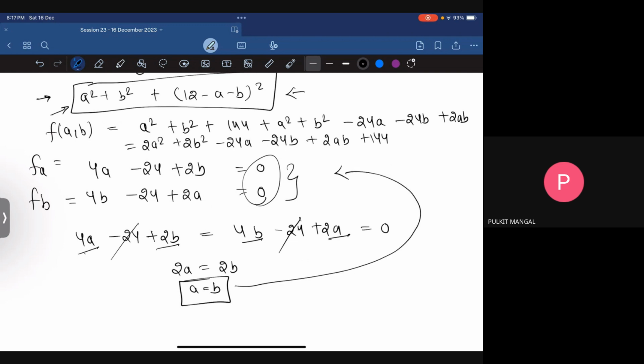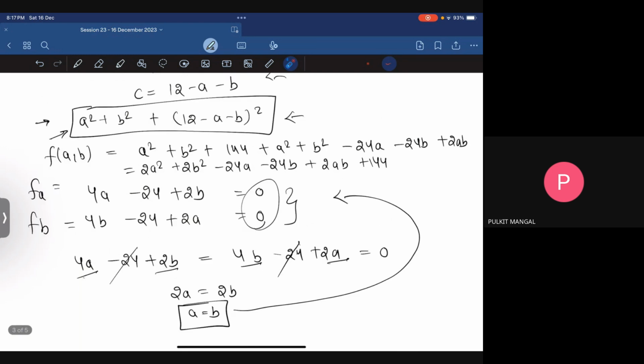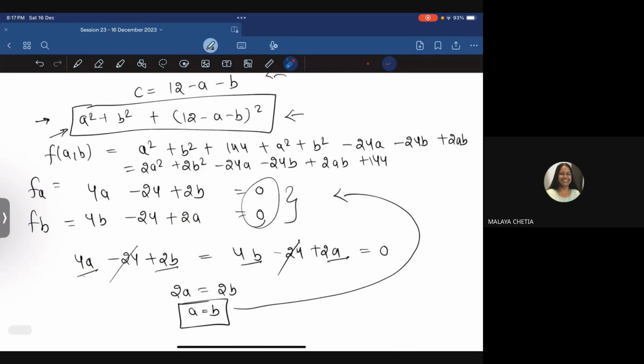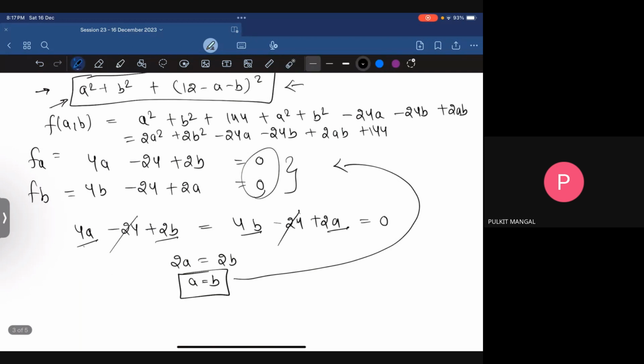Now you can put them in any one of the equations. The final value would be 4.